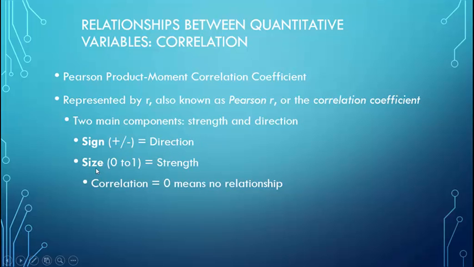And then the size, the absolute value of the correlation, which ranges from 0 to 1, tells us something about the strength of the relationship. If you have an r equals 0, that means no relationship. So we're going to talk about the sign and the size right now so you understand how to interpret a correlation coefficient.